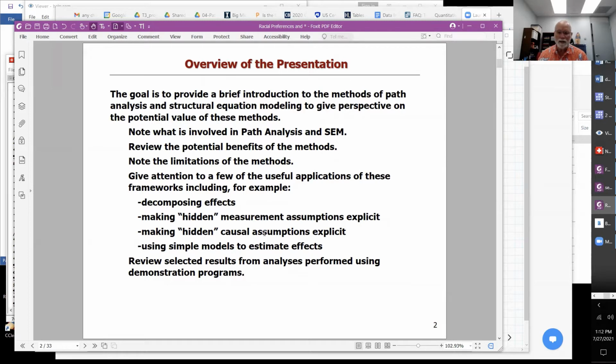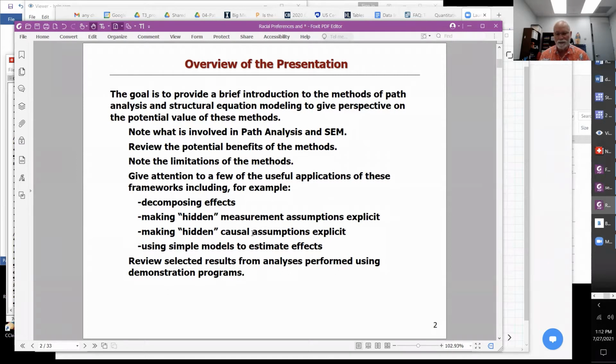The same thing applies with regard to causal assumptions. We often estimate regression equations with the notion that they're telling us about how two or more variables are connected. And we may be careful about how we make causal claims, but often the regression is structured in a way that it at least allows for us to think about causal claims.